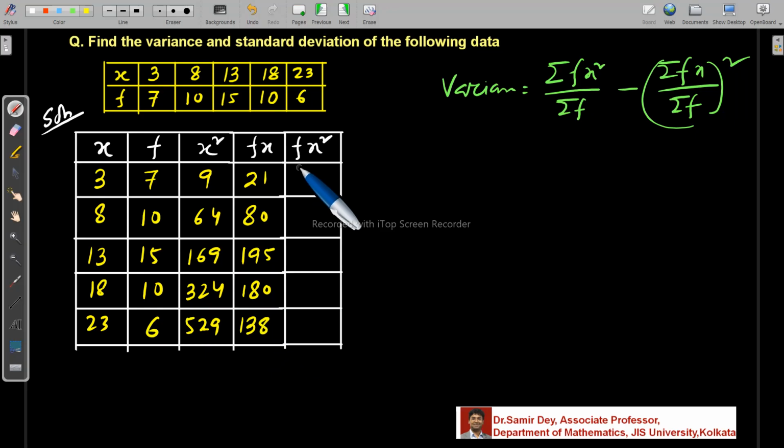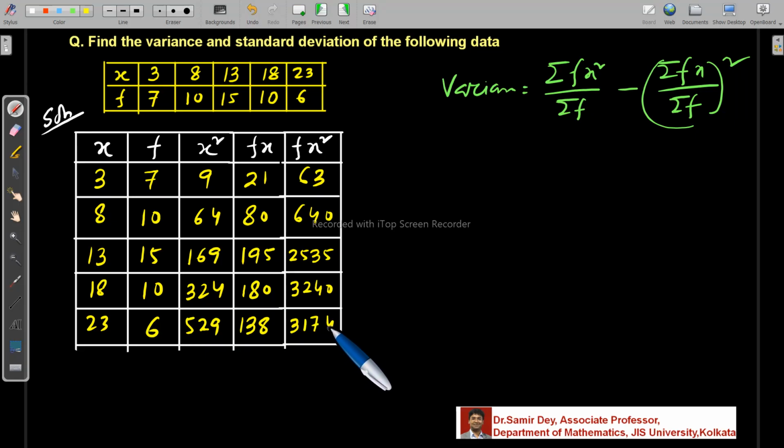Okay, now f into x square: it is coming 63, 7 into 9. Then 640, and 15 into 169 is coming 2535, and 10 into 324 is coming 3240, and 6 into 529 is coming 3174.